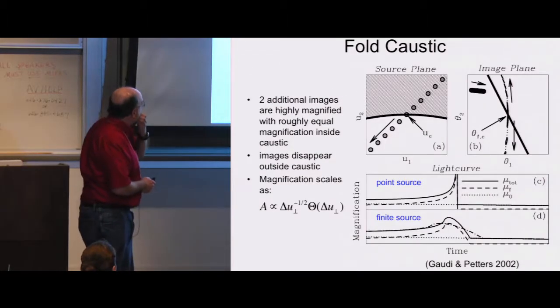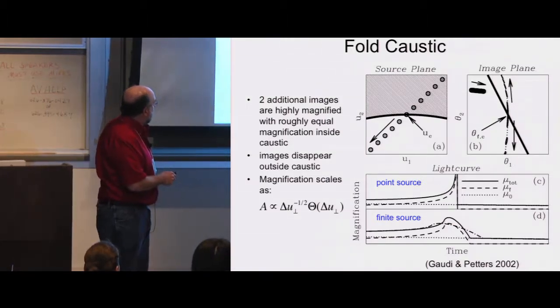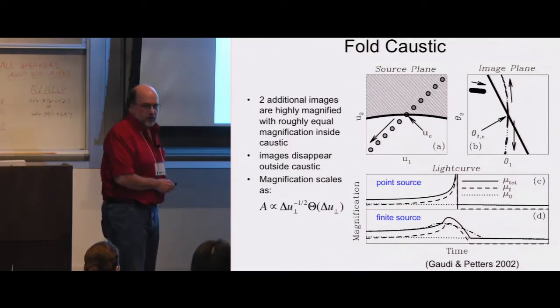All right, and this just shows how they behave when you go across a caustic crossing. So here, it's plotting separate images. So there's 3 different lines for 3 different images. I guess this dotted line is actually the sum of the rest of the images. And so you see 2 of the images get very bright and then they disappear, right?